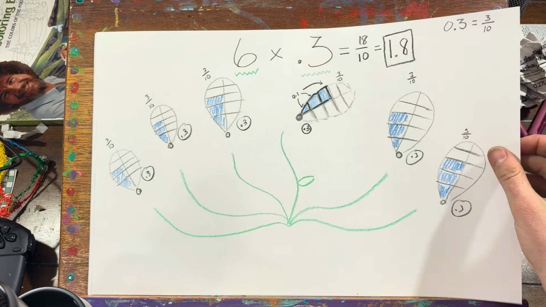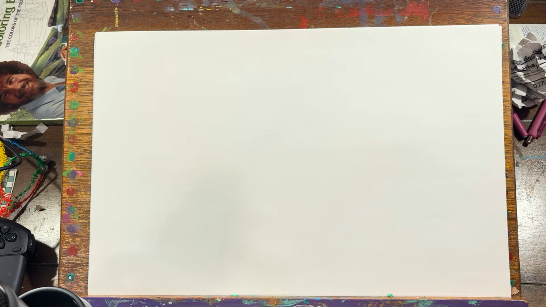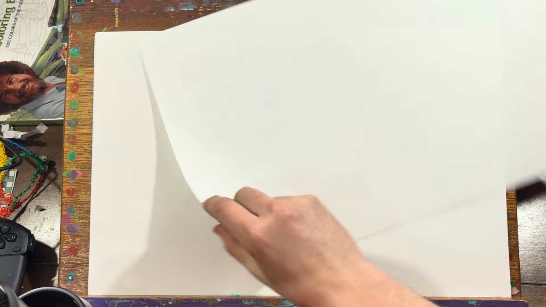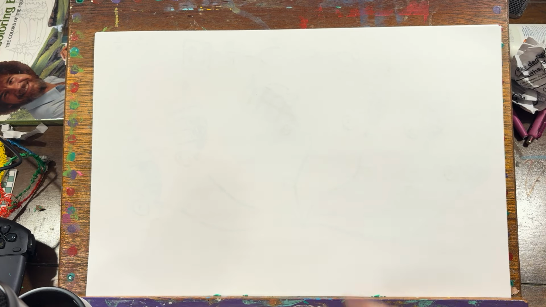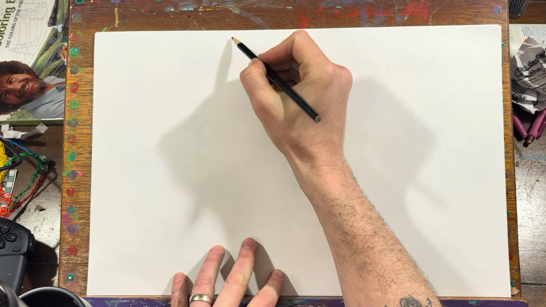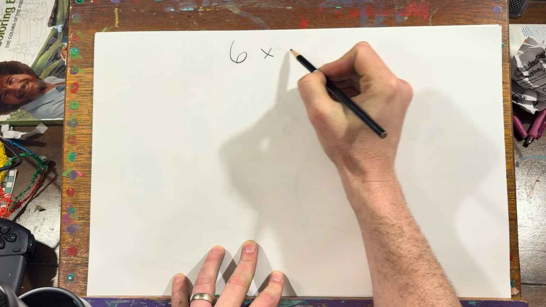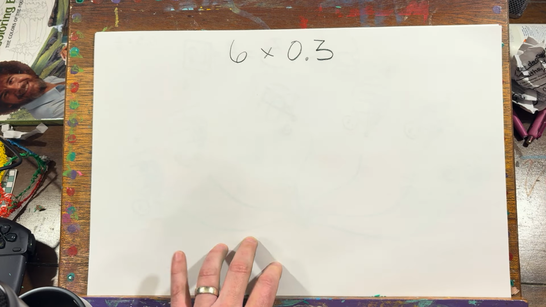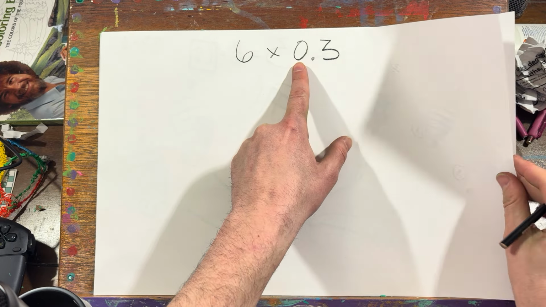Let's try a different calculation now. What happens if I were to do that same question, all I did was add a 0 in the ones place. It's the same question, I promise.